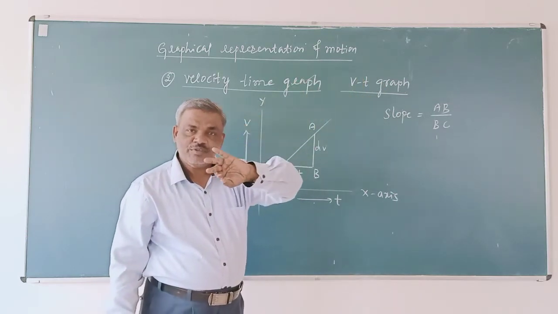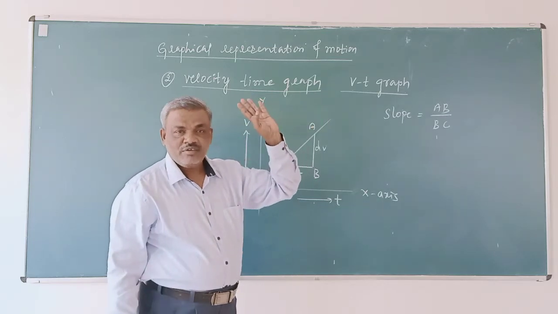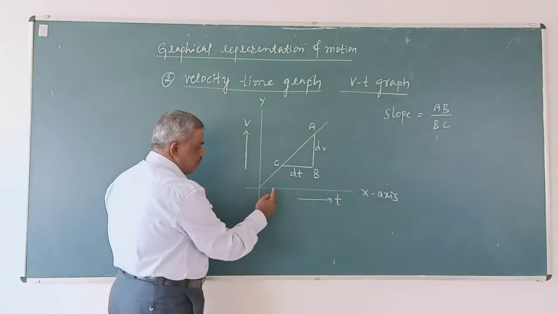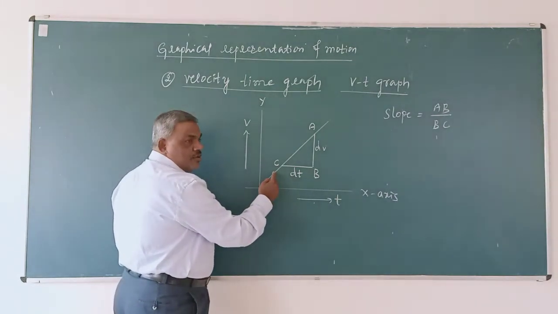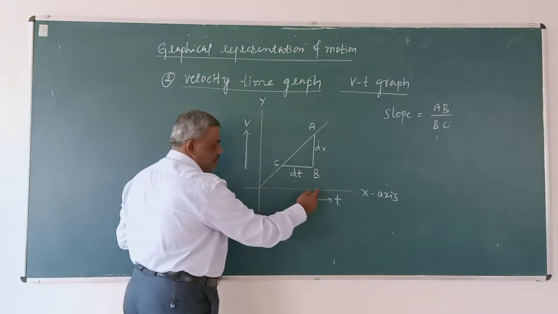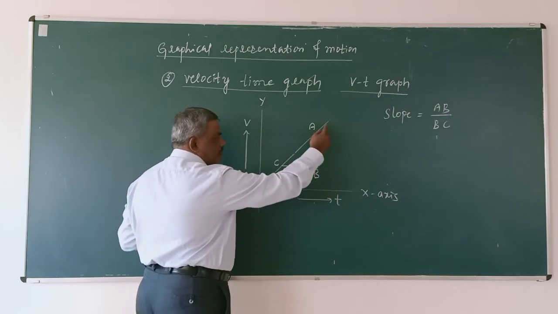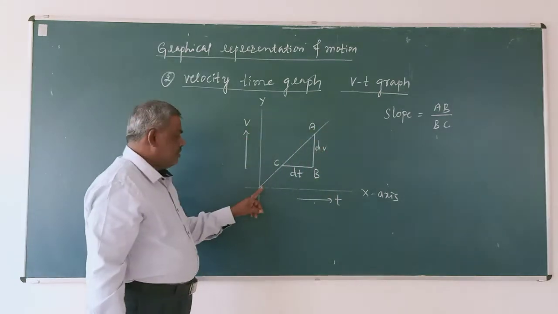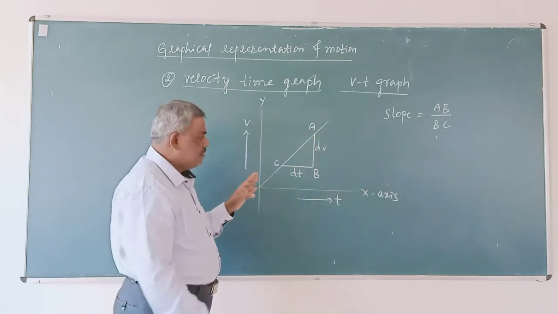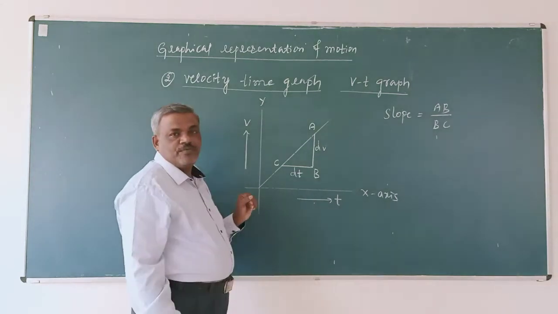A body moving with a uniform acceleration gives a straight line. So after 2 seconds, maybe 20 meters per second, 4 seconds, 40 meters per second, 6 seconds, 60 meters per second, after 8 seconds, 80 meters per second. Now you get a straight line. Once again, draw a right angle triangle; that is called the slope.